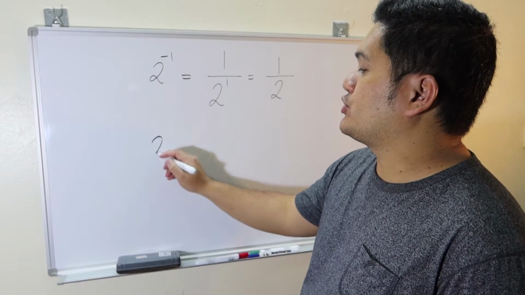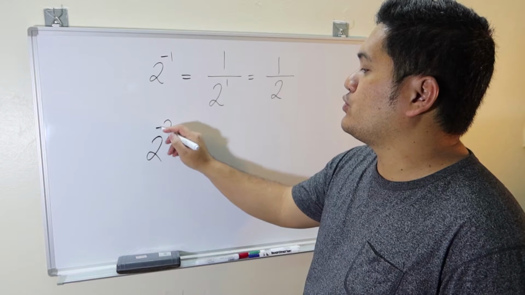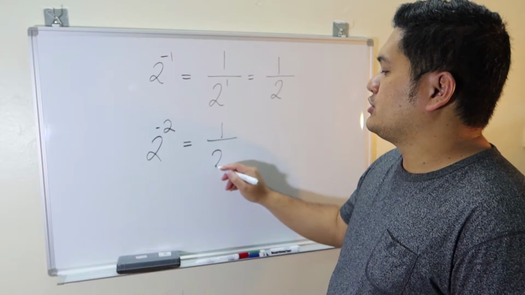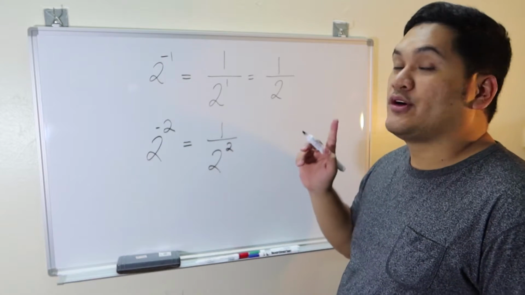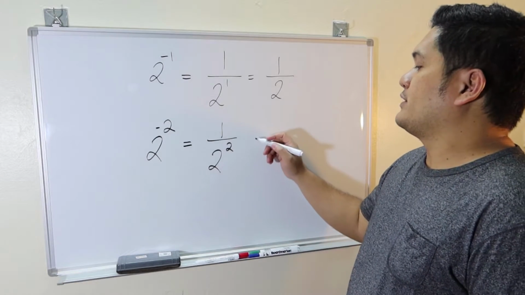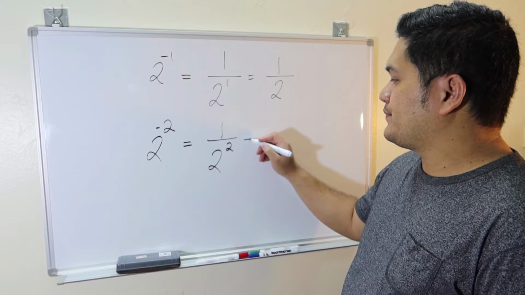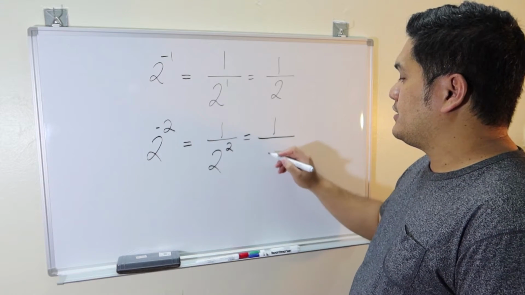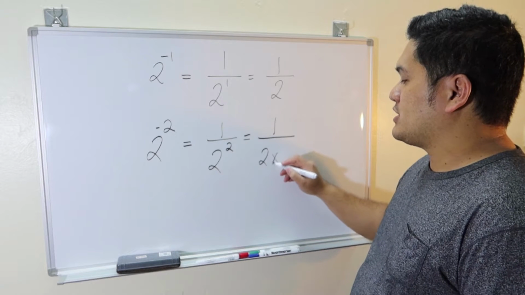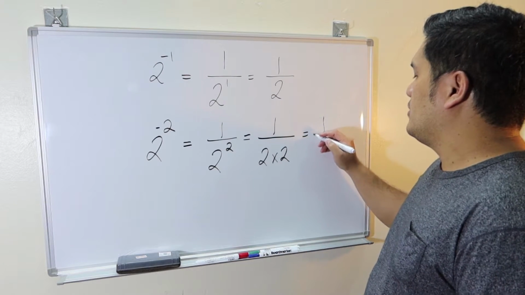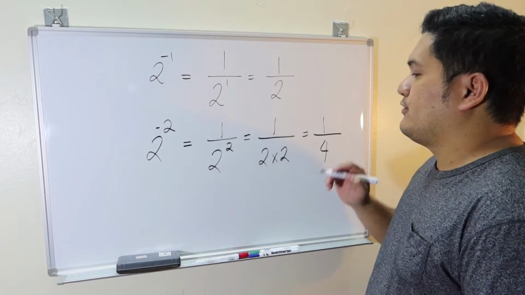If you will have your 2 raised to negative 2, 1 over 2 raised to 2. This means that itong 2 na to, 1 over, dalawang beses mo siyang i-multiply. So your answer would be 1 over 4.